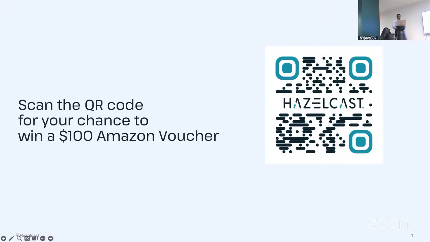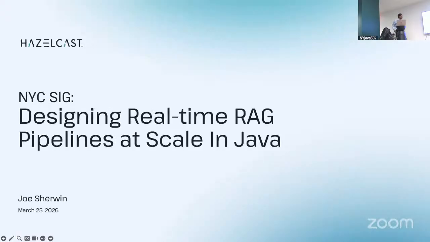So what we're talking about today is designing real-time RAG solutions or pipelines in Java and scaling them up. AI is dominating everything. Every topic is about AI, and where does Java play into that?